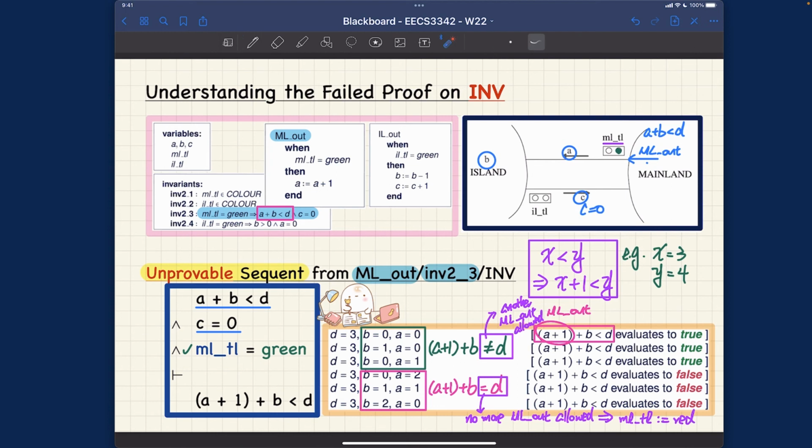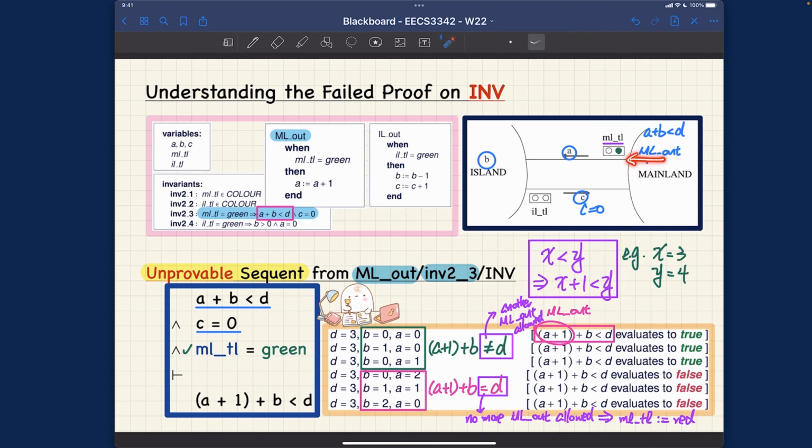It's very important for you to understand these two cases, right? Because in case number one, it would be okay to have the traffic light, ML TL, remain green because we haven't reached the maximum just yet. And for the second case, in order to preserve invariant number 3, we have to say what, because we have already just reached the maximum after the current occurrence of ML out.